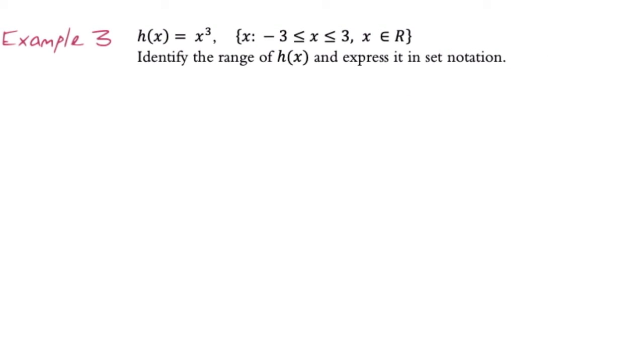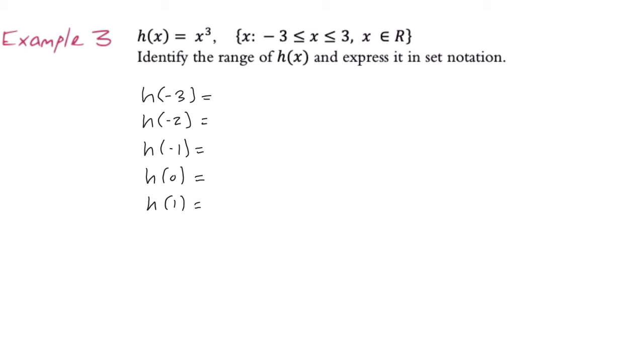In the last example, we have h of x equals x cubed, and we're given a domain here. x is between -3 and 3, x is greater than or equal to -3 and less than or equal to 3, where x is any real number. So to identify the range of h of x and express it in set notation, we might not actually need to evaluate each and every integer value from -3 to 3, but it might be an idea to do something like that again.